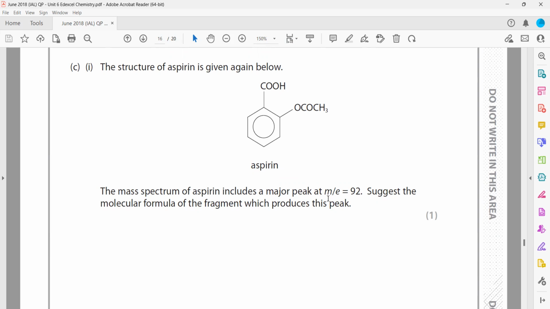So if we break it down, as we have 92 here, the overall molecule with oxygen, if we have this part, 1, 2, 3, 4, 5, 6 carbons and oxygen, and this one is not there, these two are lost.